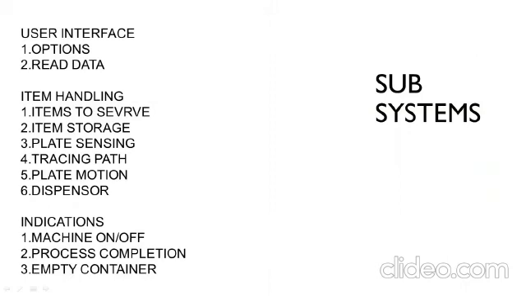The item handling part includes the items to be served, the storage of the items, the plate sensing, tracing the path, plate motion, and dispenser. The indications that are required are machine on and off, process completion, and empty container indication.